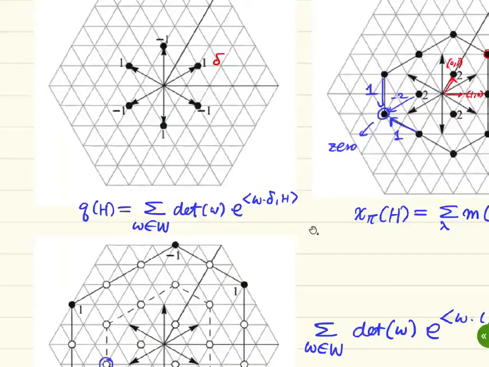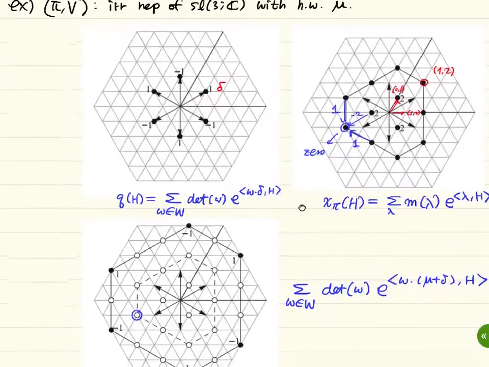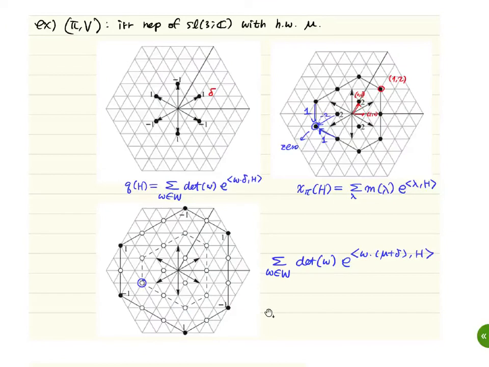Okay. Hopefully you can read? So, by the way, I'm going to consider an irreducible representation of SL3.